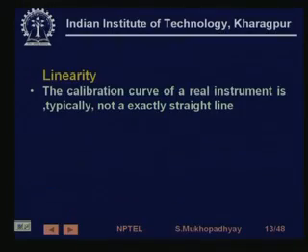So then the next point is linearity. Although instrument calibrations will not strictly follow a linear curve, it is still very useful to imagine the system as a linear one, so that you can very easily interpret the true value.